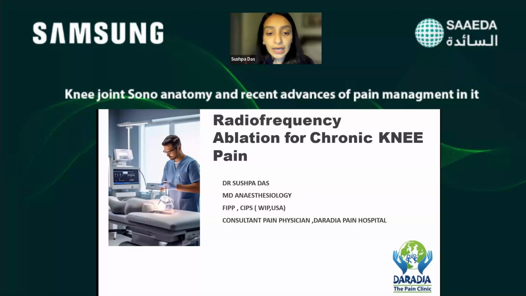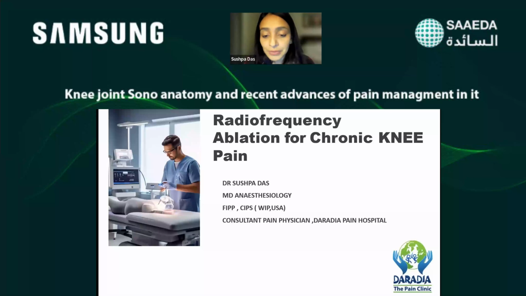But when total knee replacement is not possible or not feasible for the patient, we can go for different approaches where we give intra-articular injection. And mostly, in late grade 3 and grade 4, if the cartilage plate between the bones of the knee joint is already degraded, then we can go for radio frequency ablation of the nerves.